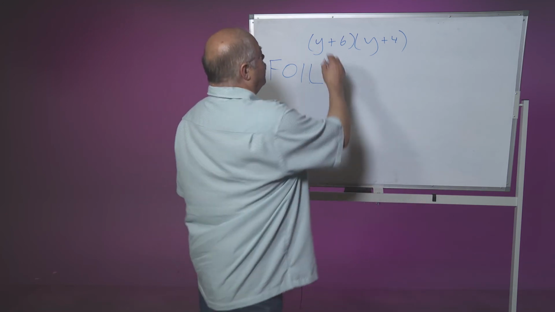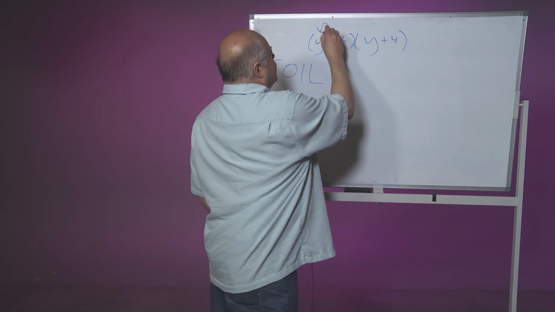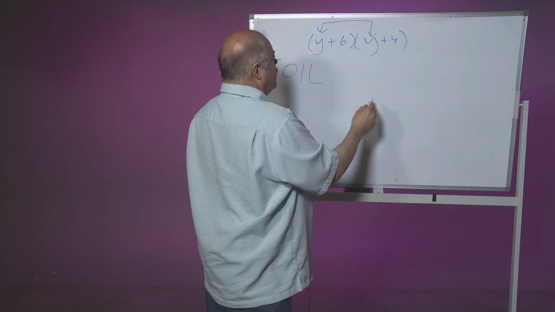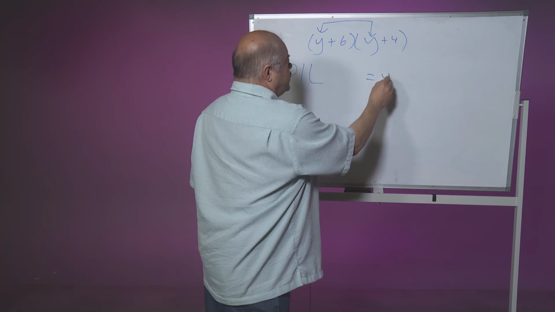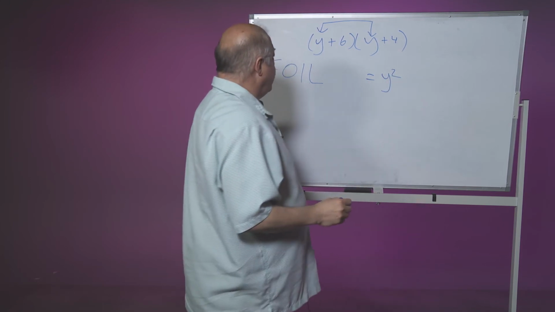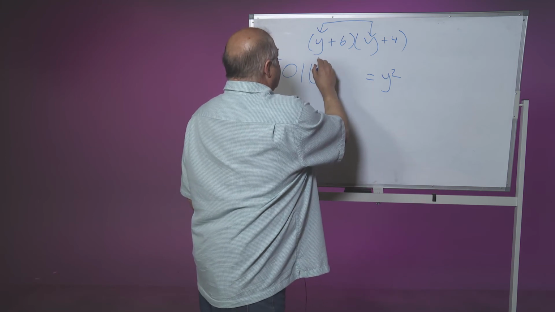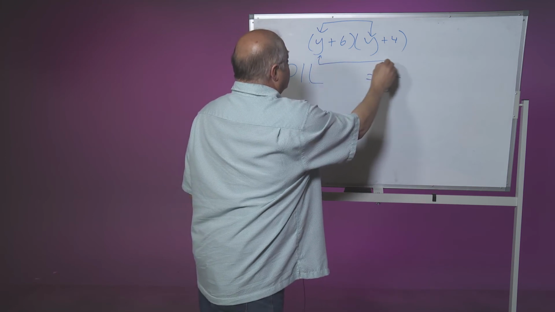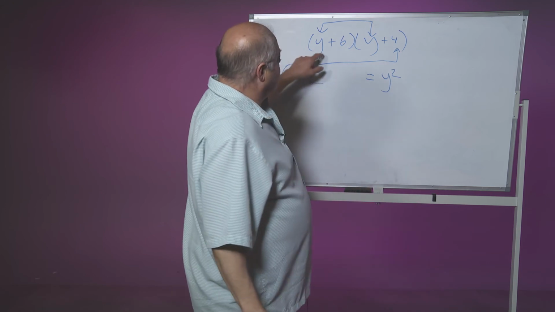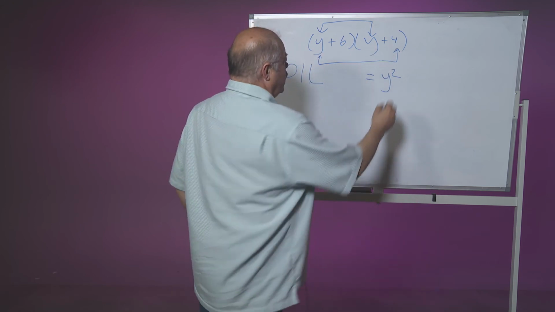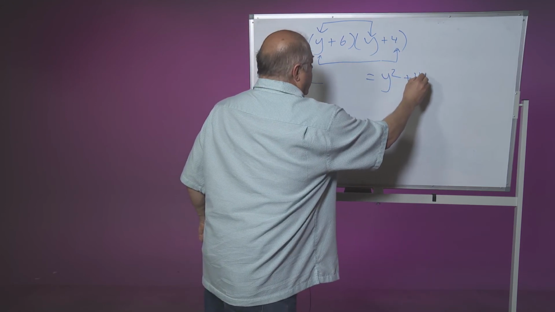F is the first term. So this would be y times y, so that would be y squared. And then the outside terms: this would be y times 4, plus 4y.